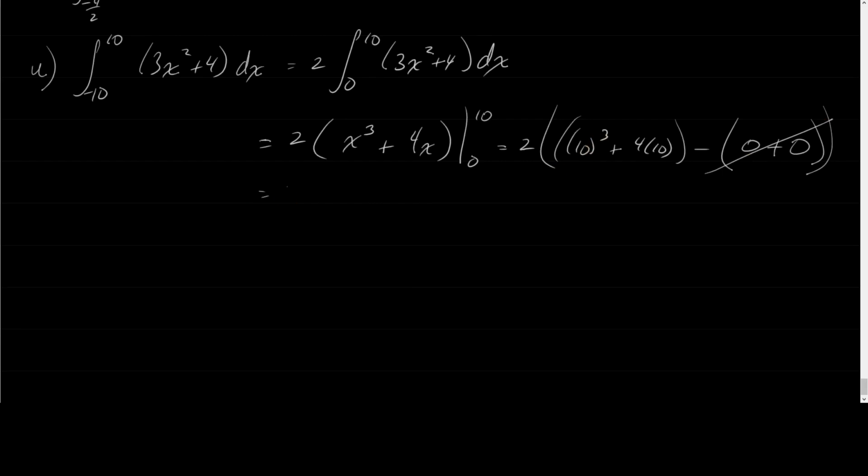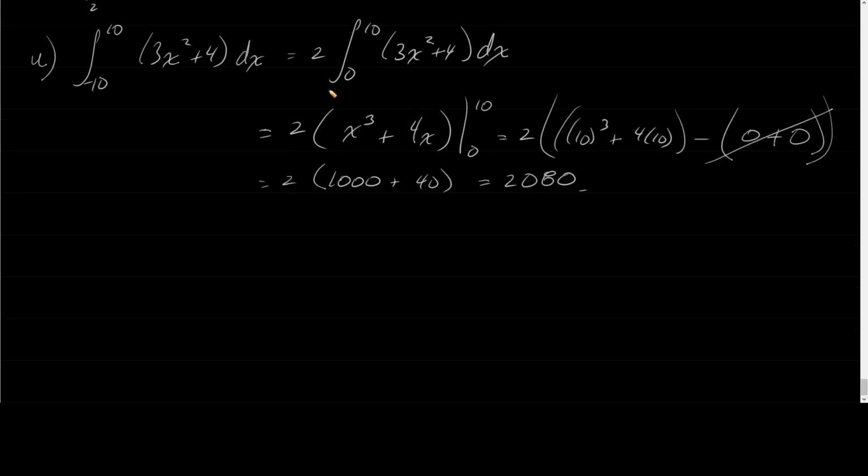Well, 10 cubed is 1,000. 4 times 10 is 40. 1,000 plus 40 is 1,040. 1,040 times 2 is 2,080. So that's what we get there, 2,080. And again, here we did a lot less evaluation when it came to plugging in stuff, because we can just go ahead and say the bottom part is really 0.